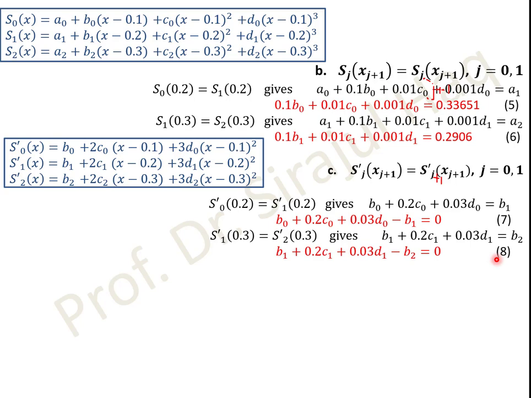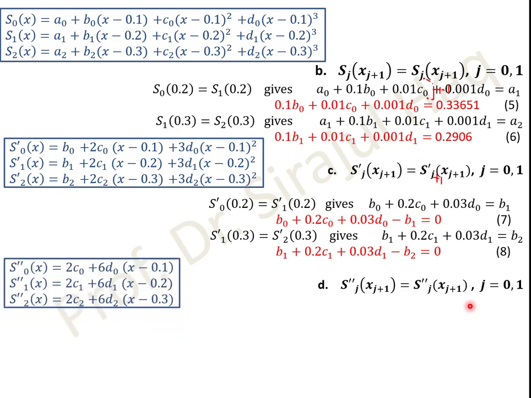Let's come to another condition, which is the continuity condition of the second order derivative in case of the cubic spline. So the common point x is equal to 0.2. These are the second order derivatives. You can see if you differentiate it, you are getting this one, and when you differentiate this one, you are getting the second order derivative given by this expression.